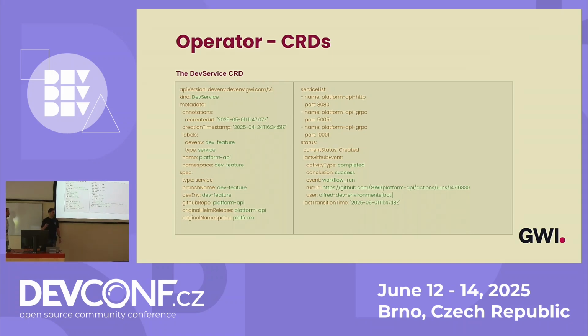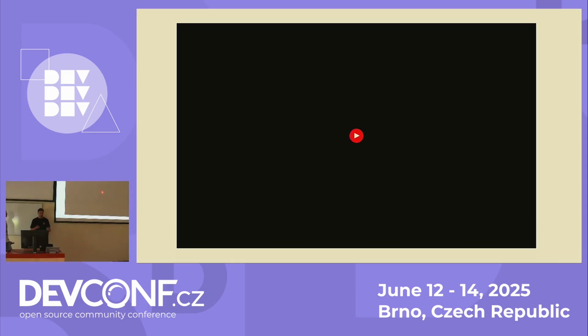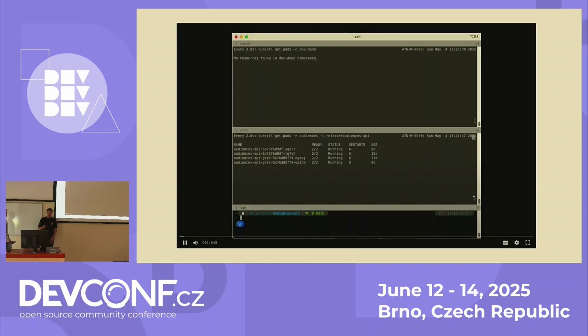We have some labels for quick filtering, and the status, where we mark the status of the development environment and the reason for the change of status, which can be either a GitHub event or a manual action. And let's take a look together at what development with these dev environments looks like.